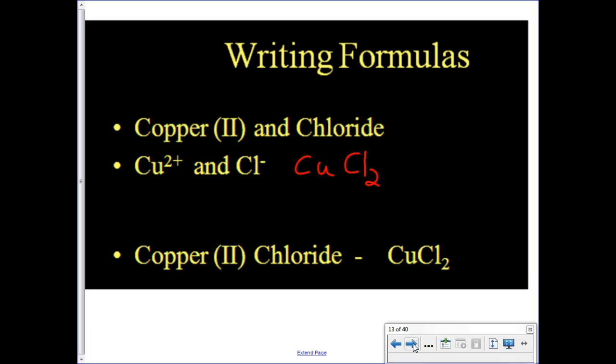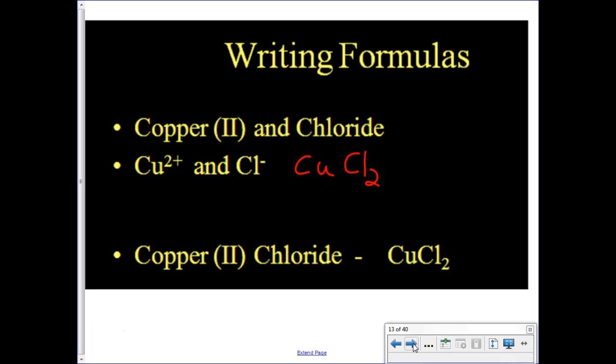Again, if you crisscross the charges, you come up with CuCl2. And the name of this is copper Roman numeral 2 chloride. Notice, many students will get confused and want to use Roman numerals in the formula. Roman numerals are only used in the name. So the formula does not use Roman numerals. The name does.